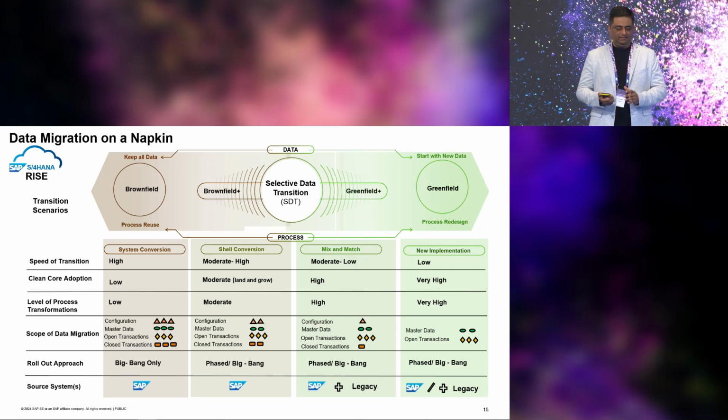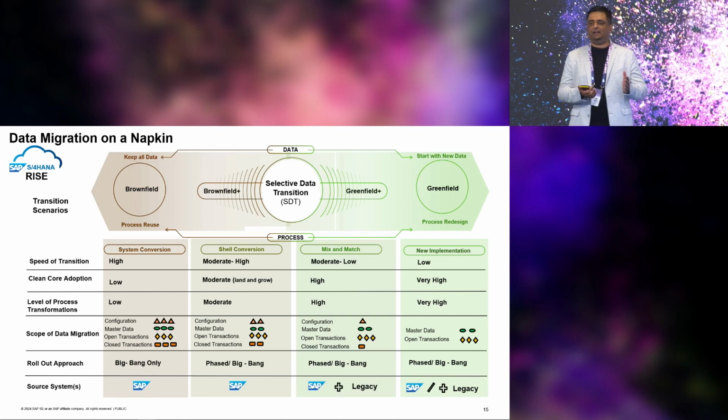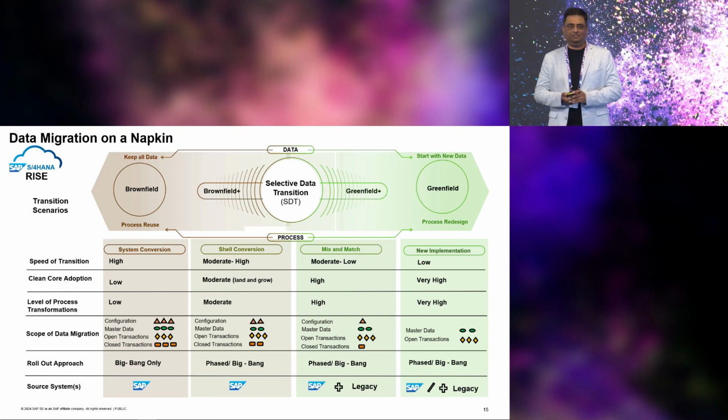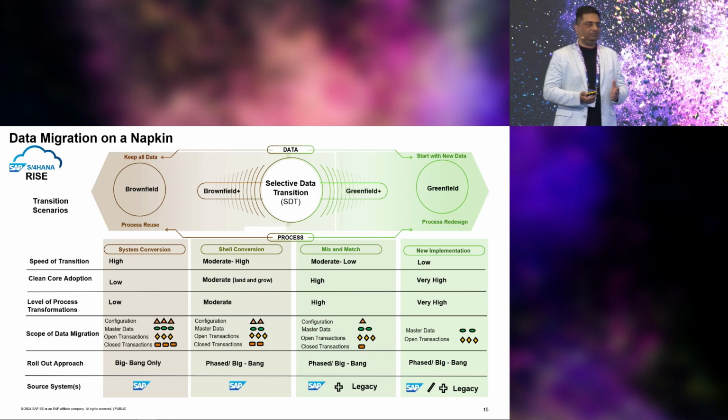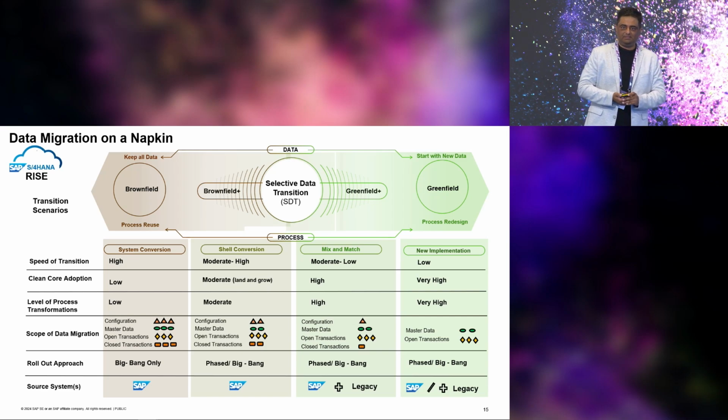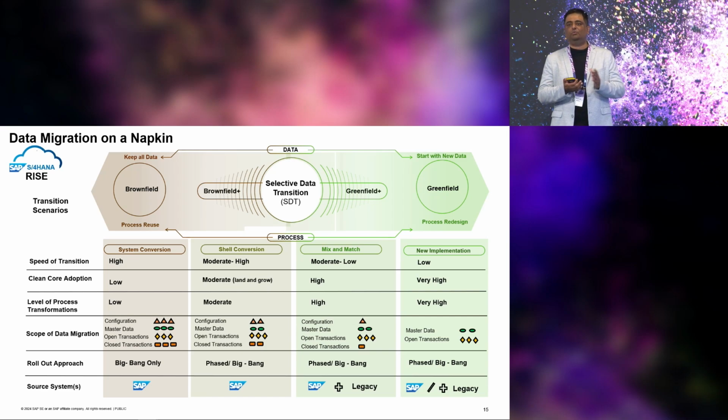The idea here is to give you a holistic perspective, starting with the key dimensions that any customer starting their transition journey from ECC to S/4HANA on a private cloud edition in a RISE environment should look into, what transition scenarios they should consider, and then, based on these transition scenarios, what data dimension aspects are available.